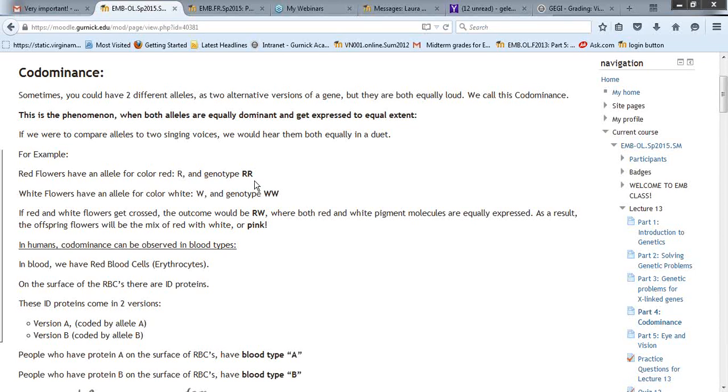The other one inherits two W's for white, the color would be white. But if a plant inherits both R and W, both red and white, then it's going to express both, and the result would be a combination of the two, and you're going to see pink flowers.